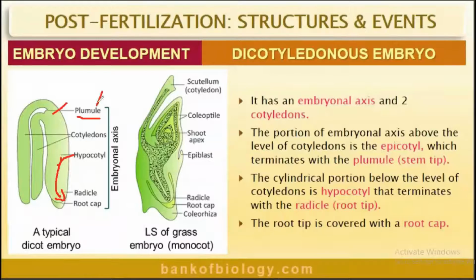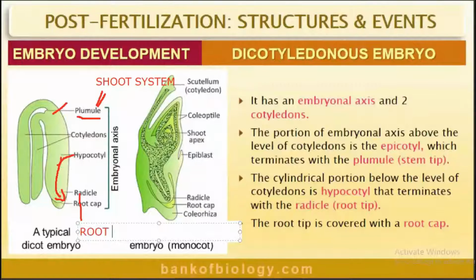This we have studied. The plumule later develops into the shoot system. The radicle later gives rise to the root system.